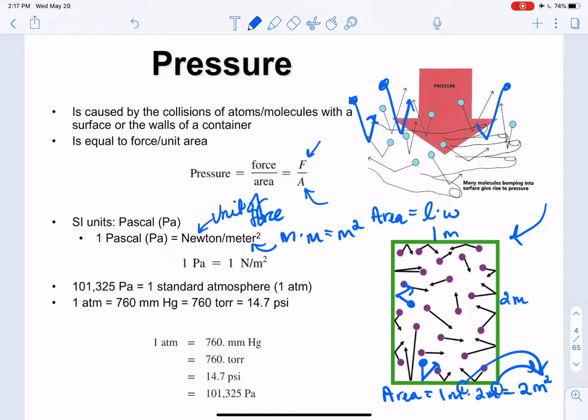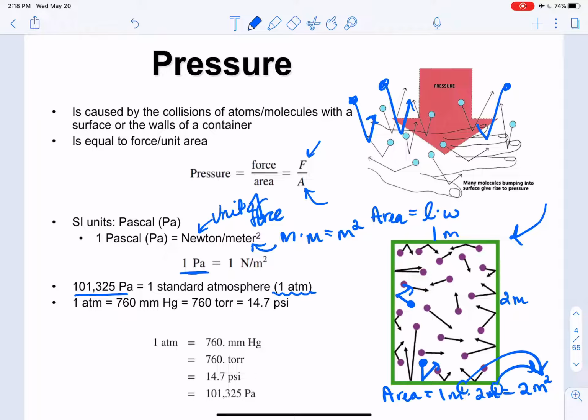All right, so pascals. Pascals are like any other metric unit. You can have pascals or kilopascals or millipascals or micropascals. But what we'll see most often is pascals and kilopascals. And where we'll see pascals are when we have 101,325 of them, equaling 1 standard atmosphere or 1 ATM.